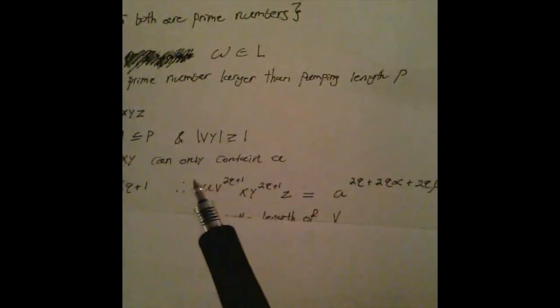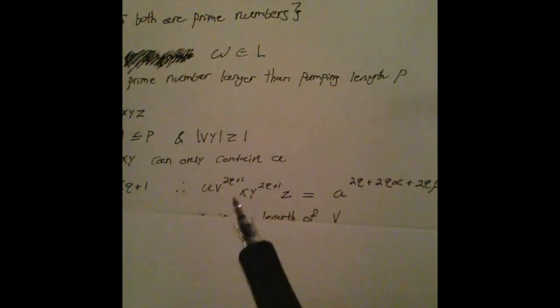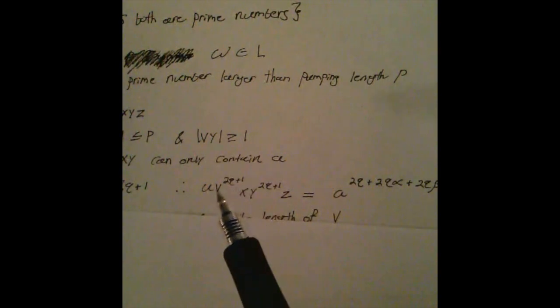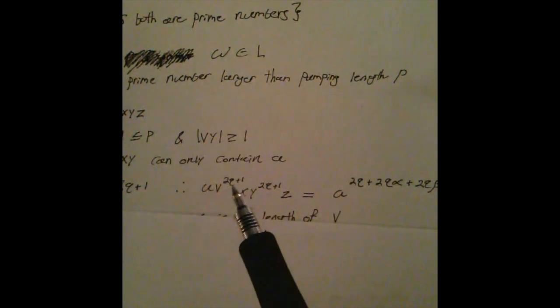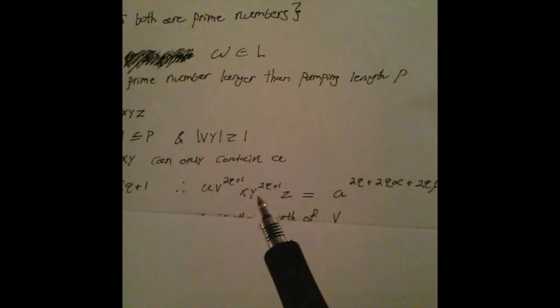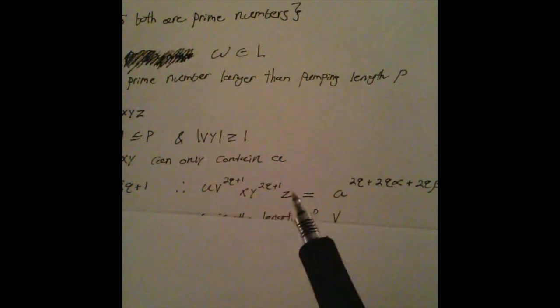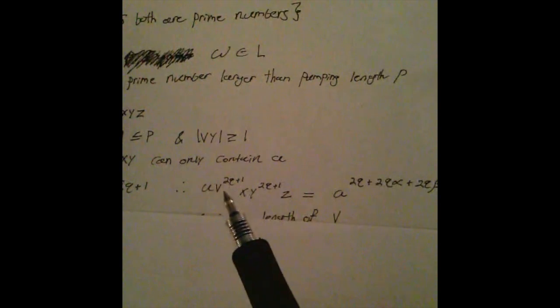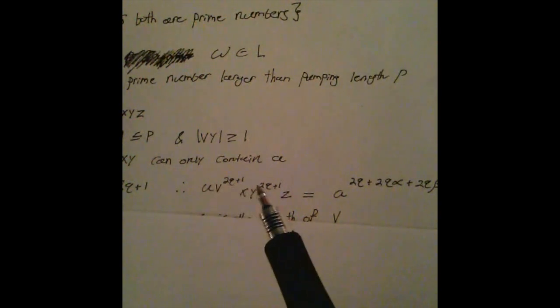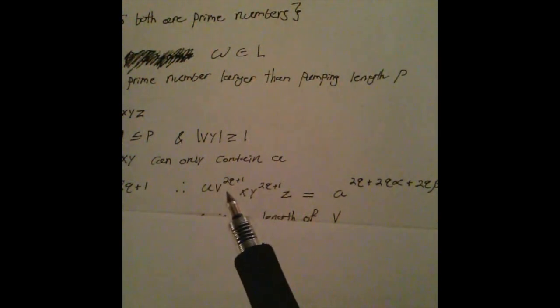And here, in this definition, we still have u, v, x, y, z because we have v 2q plus 1. So this could be distributed as v 2q, v, x, y 2q, y, z. Because remember, this isn't an exponential operation. This is simply stating that we have 2q plus 1 v's. And v is some arbitrary number of a's.